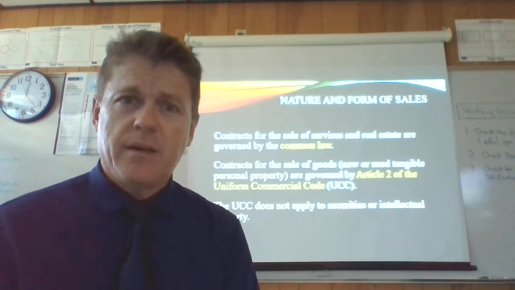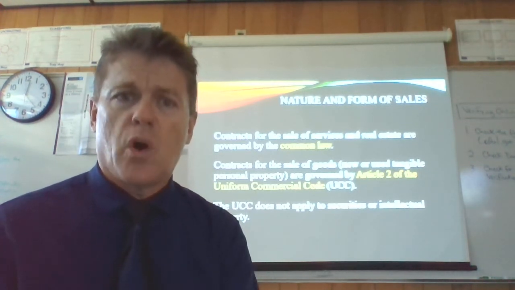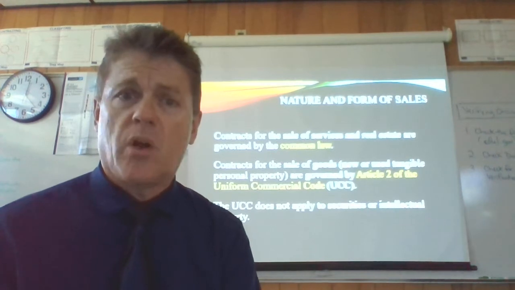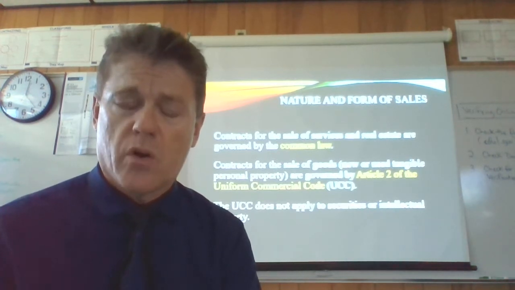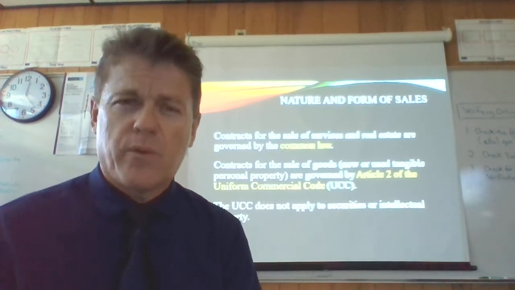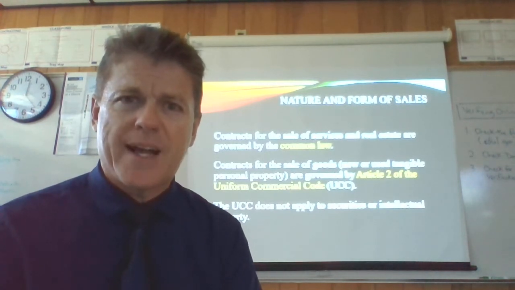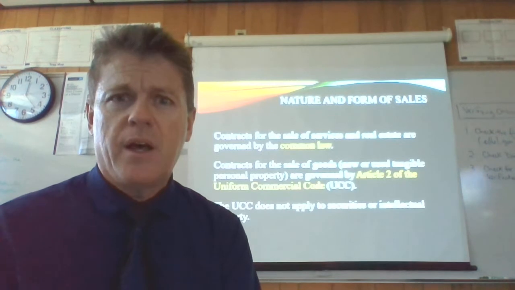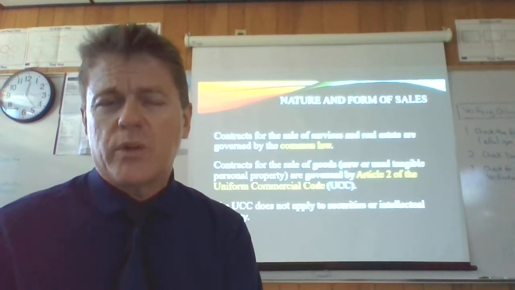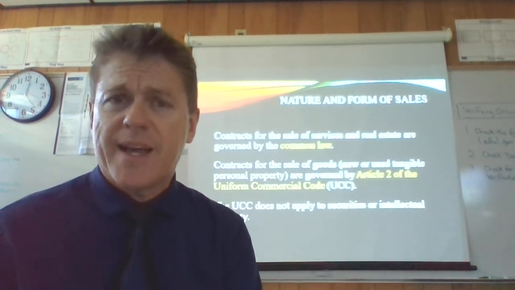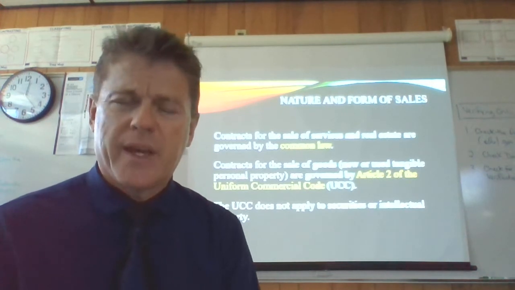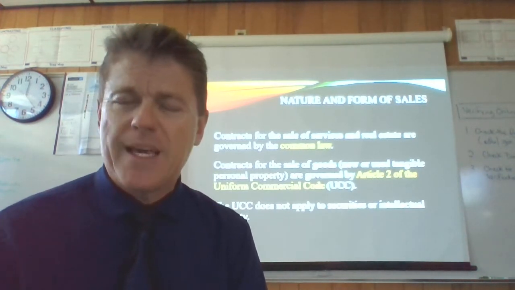The UCC covers a variety of different articles. If you take Business Law 2, we get into other articles, like 3 and 4, which deal with financial types of transactions and notes. We get into Article 9, which deals with secured transactions.